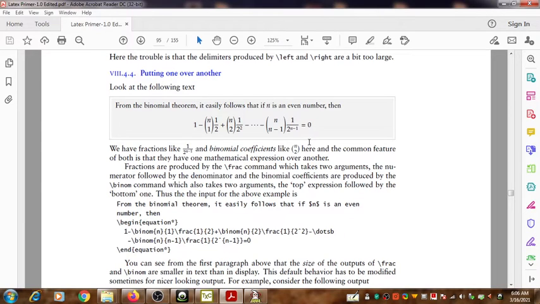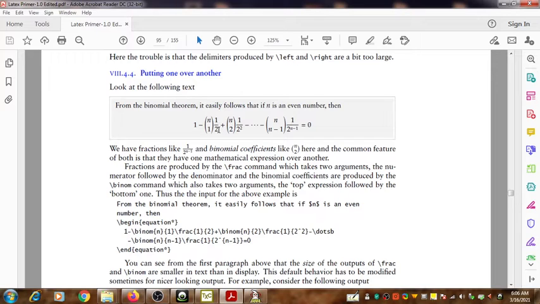in the mathematical expression given here, you can see 1 minus a binomial expression nC1. How can we produce this kind of expression? Then you have 1 over 2, the fraction 1 by 2.